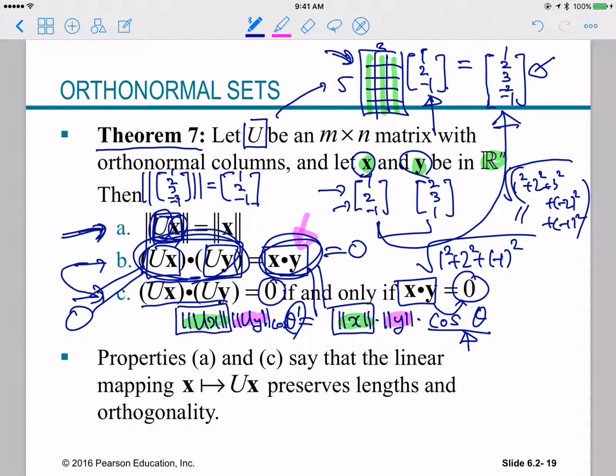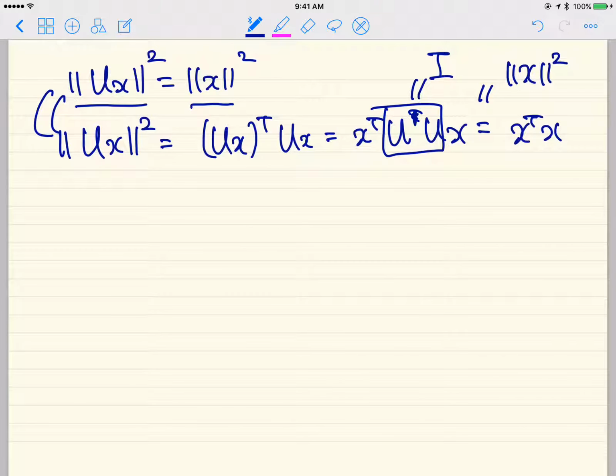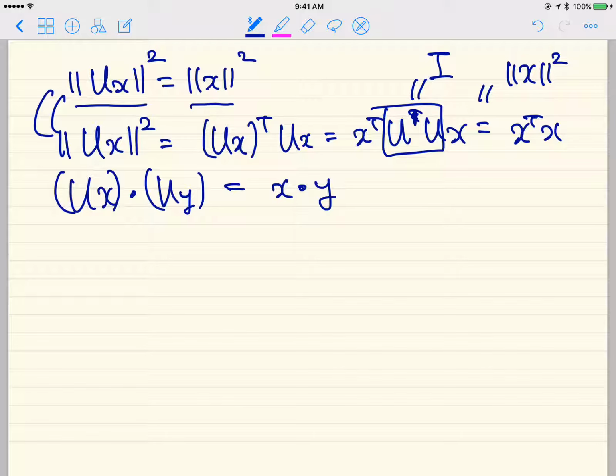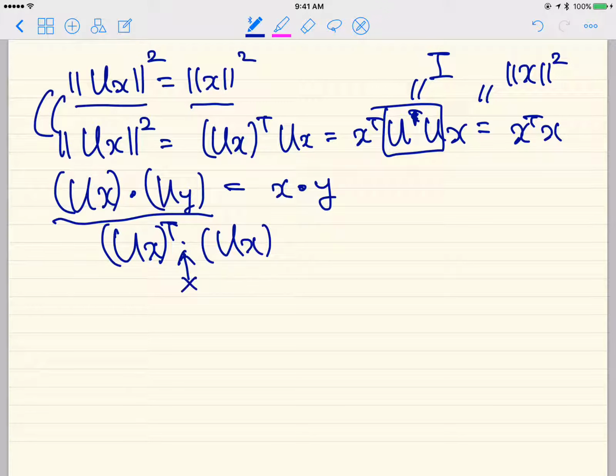Okay, and then let's prove the second one. The inner product between Ux and Uy will be the same as the inner product between x and y. So let's start from here, and it can be represented as (Ux) transpose times Ux. So this is not an inner product, okay? So in this case, x transpose U transpose Ux.